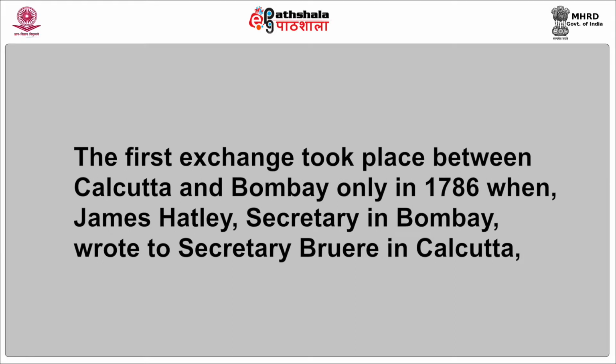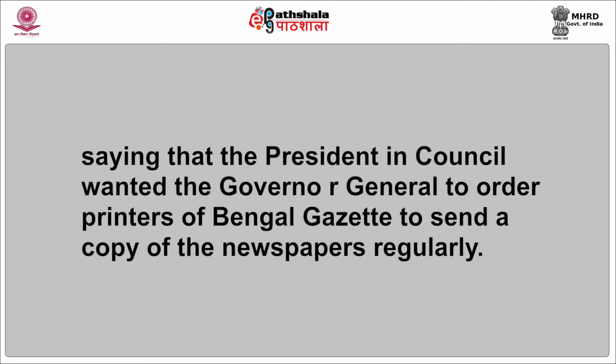The first exchange took place between Calcutta and Bombay only in 1786 when James Hatley, secretary in Bombay, wrote to Secretary Brewer in Calcutta saying that the President in Council wanted the Governor General to order printers of Bengal Gazette to send a copy of the newspapers regularly.